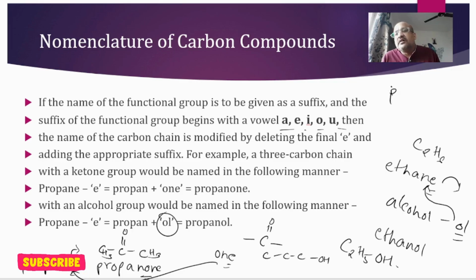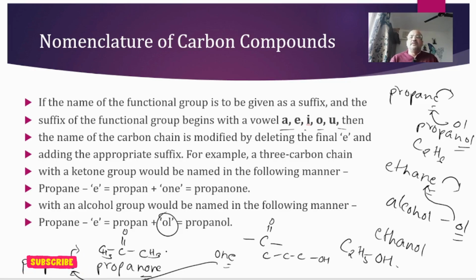See here, propane is there, and I am replacing this E by OL. So this becomes my propanol: CH3, CH2, CH2, and so on. This is how the suffix comes. You need to remember this.